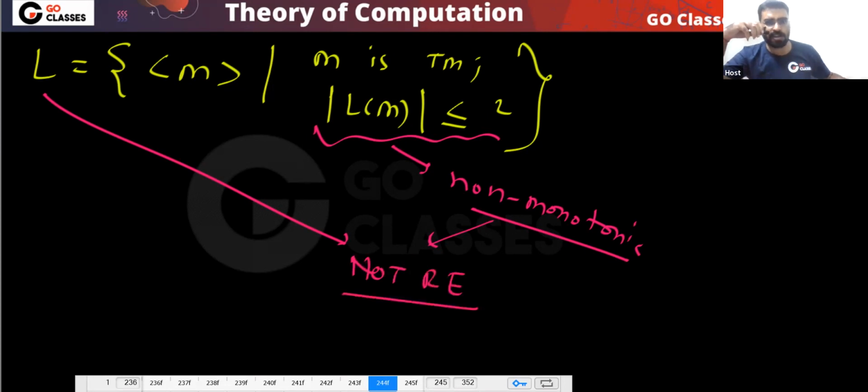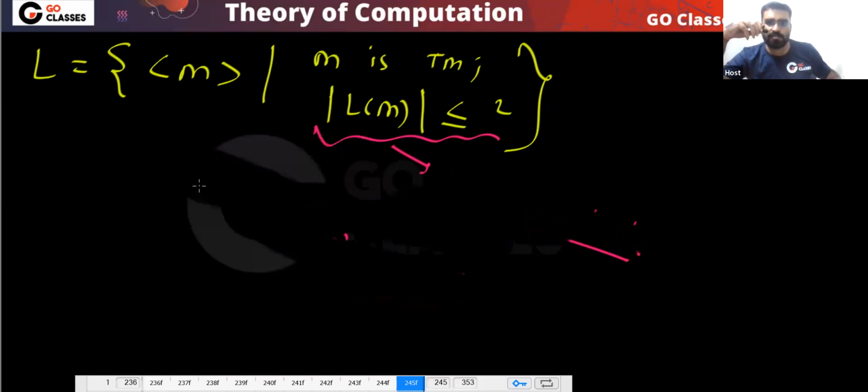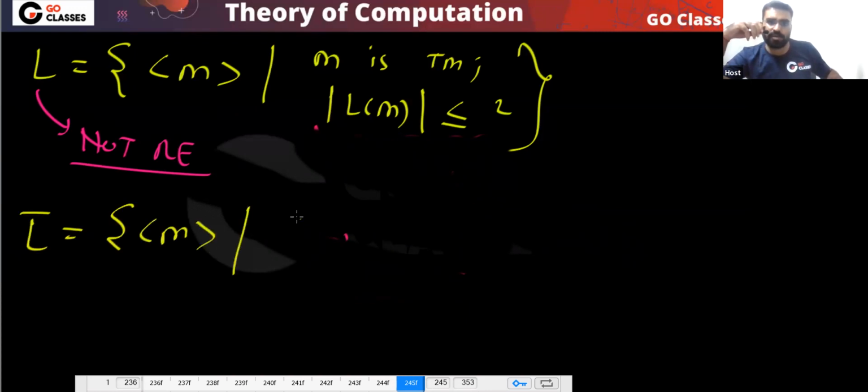What is L complement? Arnav, can you tell me? The set of Turing machines M such that the cardinality of L(M) is greater than or equal to 3.